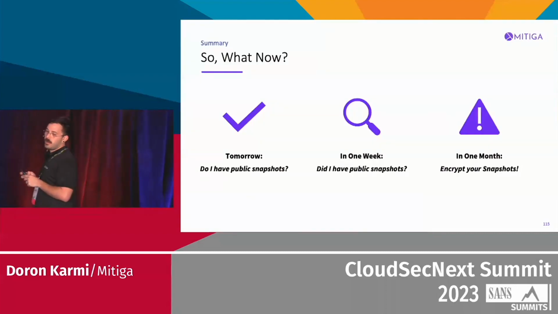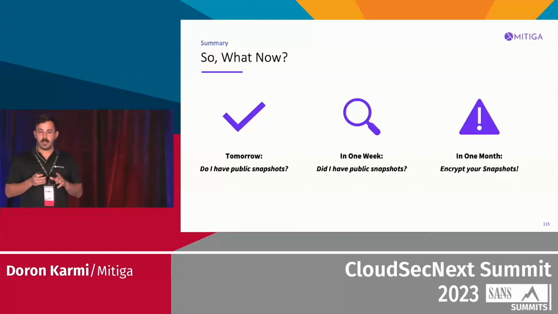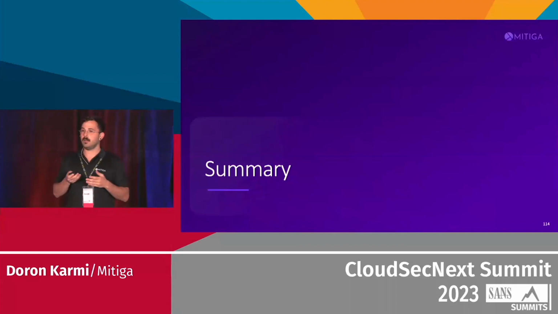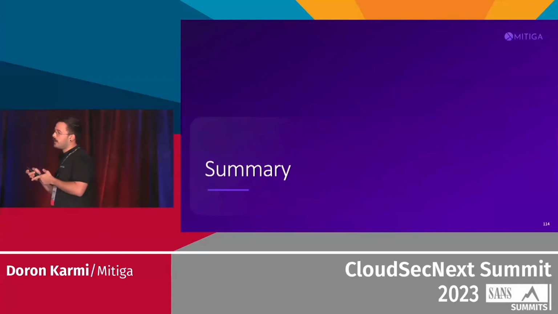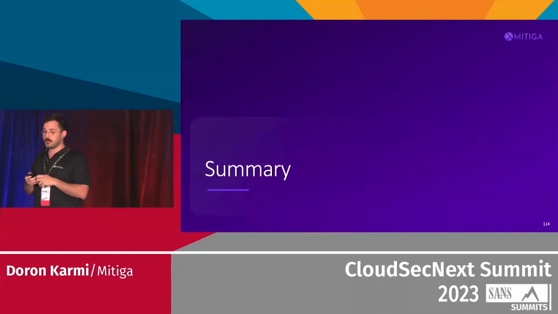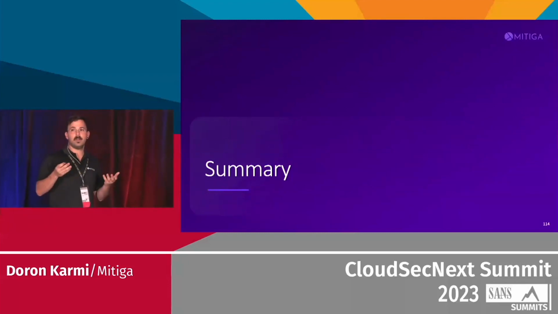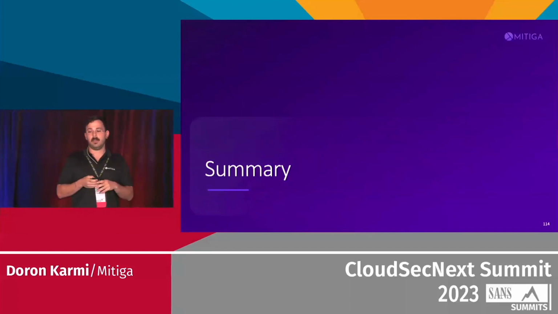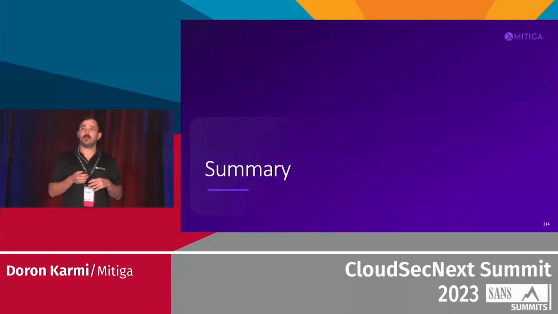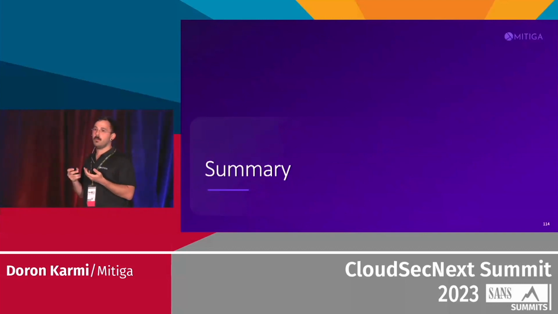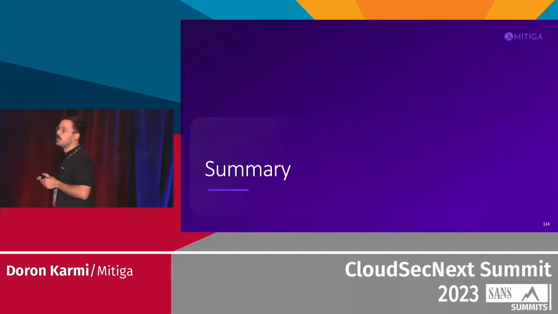So let's talk about what we had today. We discussed what RDS snapshots are and what RDS public snapshots are. We showed you how easy it is for an opportunistic attacker to find RDS snapshots and extract the data out of them. We showed you what we did in order to prove that this is a risk. This is a risk that we should all be aware of: if we exposed a snapshot, even for a few minutes, we should treat it as compromised.